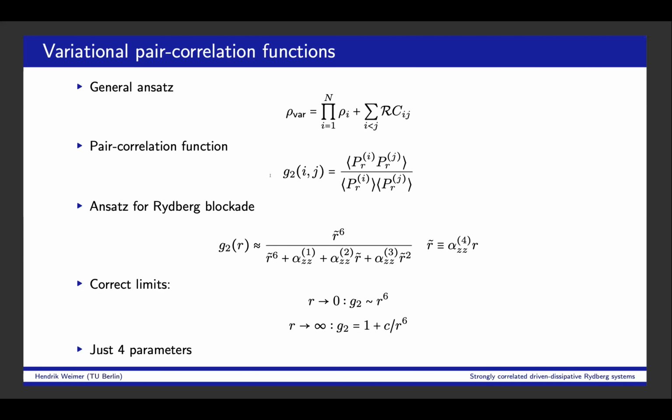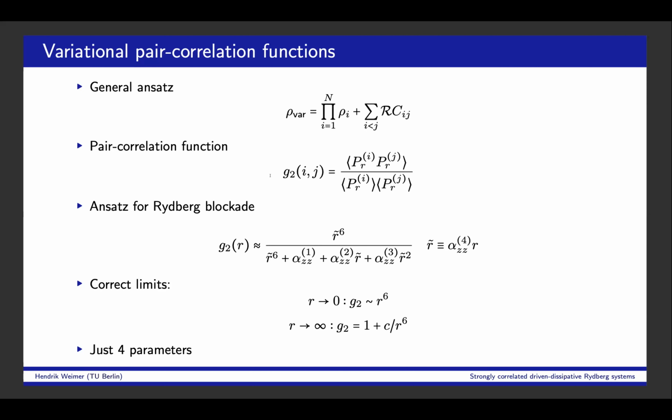So you have here in total 1, 2, 3, and in this R tilde there's another parameter hiding. So we have a pair correlation function which just has 4 parameters, and the ansatz is chosen in a way that the limits come out correctly.